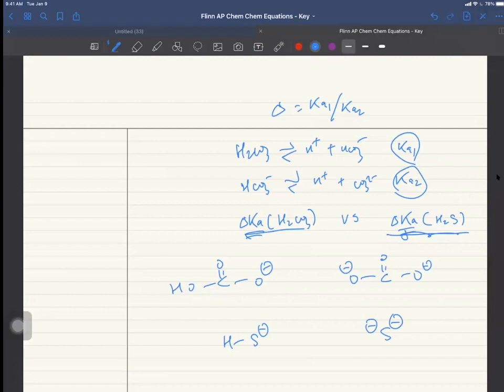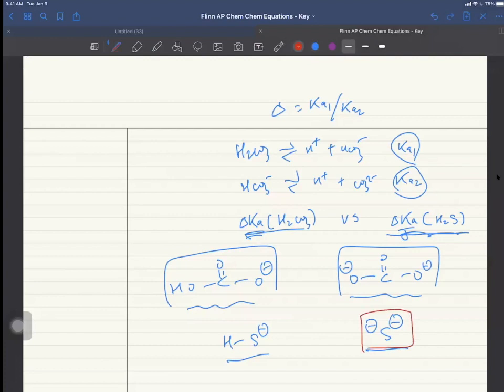If you compare the structure of the first anion with the second anion, did you realize the difference? We said the 2- is more unstable than the 1-, right? Because of the charge density. But this one is even worse, because both of these charges are located on the same atom. But here, they are separated on 2 O-. Although the overall charge is still 2-, they are slightly separated.